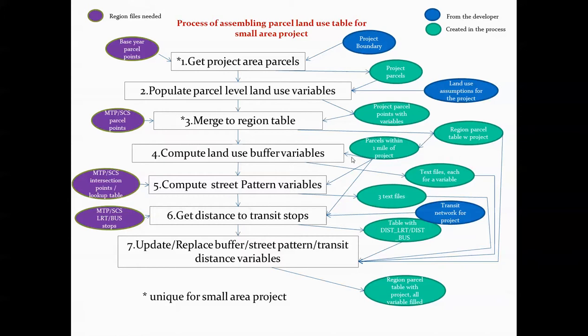The buffer tool, which is also in Python, will go through each parcel and find the nodes in each layer and return the number of nodes within the quarter mile or half mile buffer. The output is also text files, one for each node type. We are going to use these text files to update the corresponding variables in the merged table in the final step.